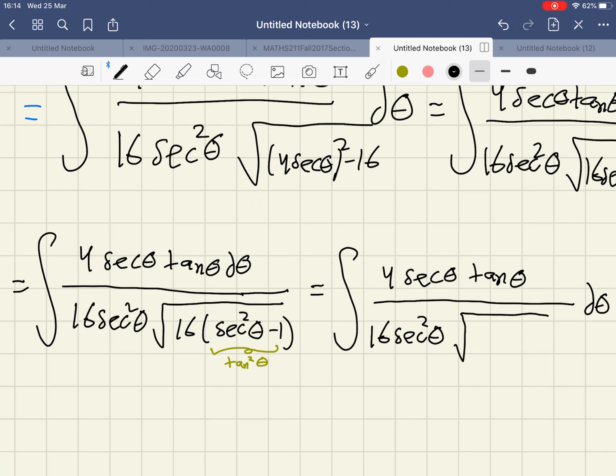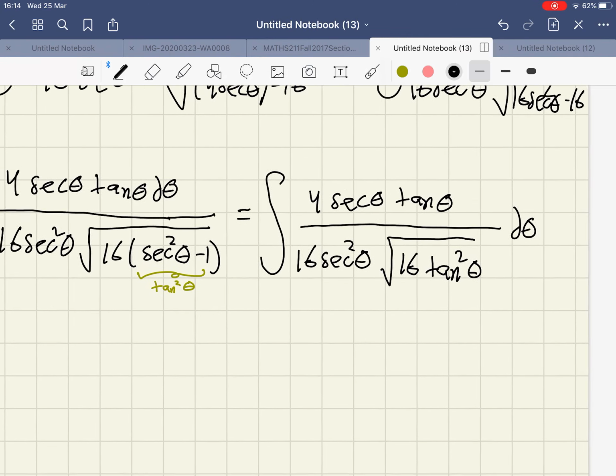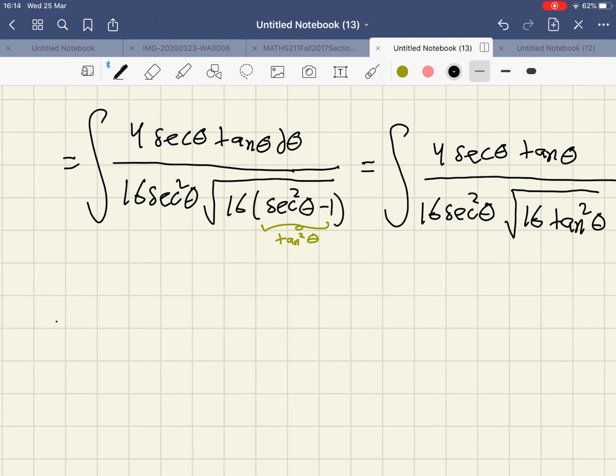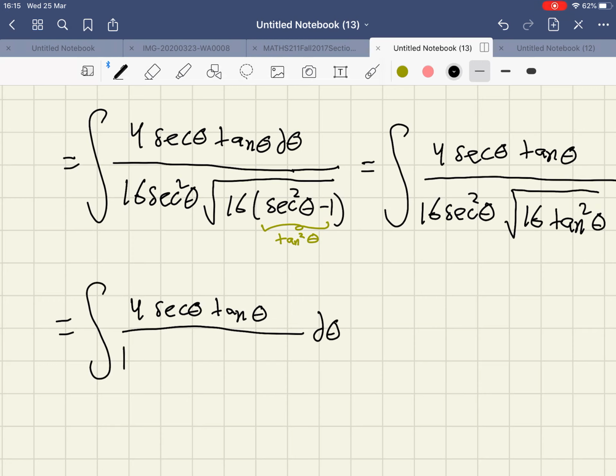Now whatever is inside the square root is simplified into 16 tan squared theta, which, if we take it outside the square root, is nothing but 4 tan theta, and here is 16 secant squared theta times 4 tan theta.